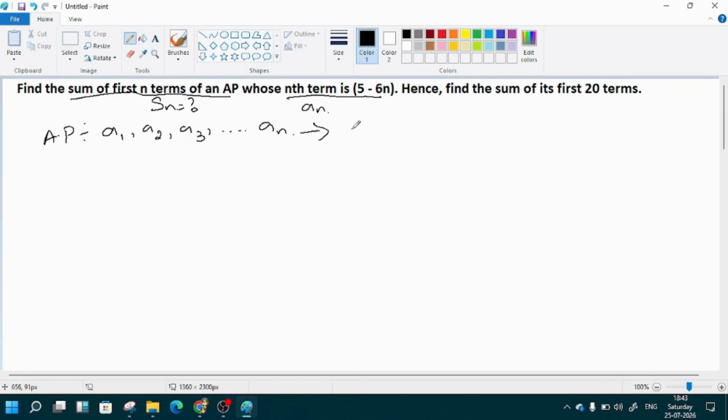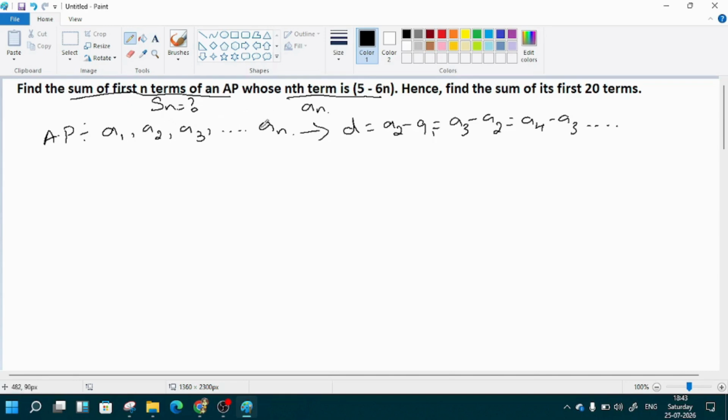For example, let's take the common difference as D. Here the difference A2 minus A1 is equal to A3 minus A2 and also A4 minus A3. Like this, all the common differences should be equal. Then only the series is called an AP.